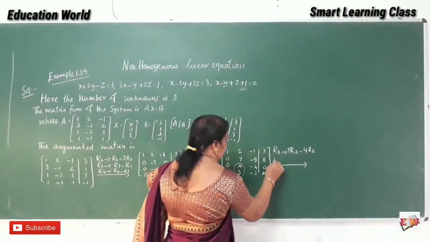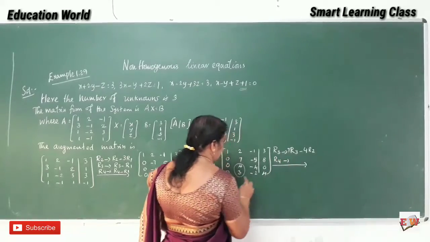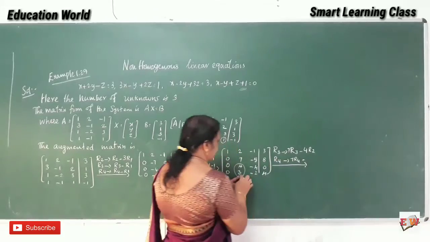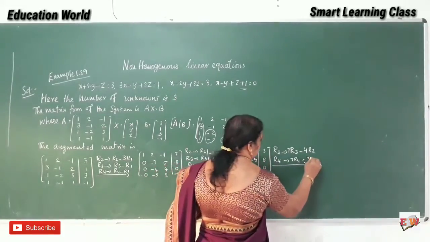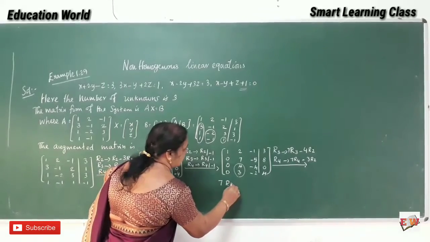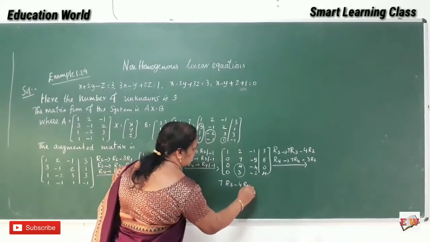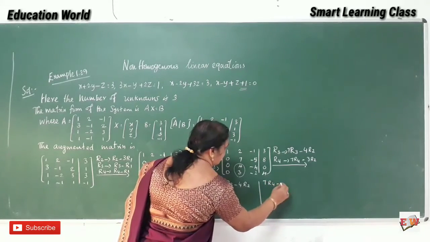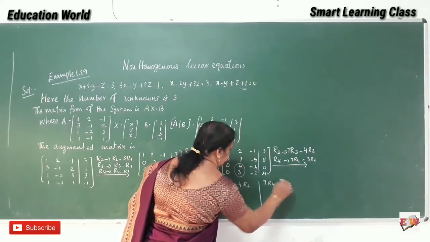Here R4, 7 R4 minus 3 R2. See, 7 R3 minus 4 R2, 7 R4 minus 3 R2.